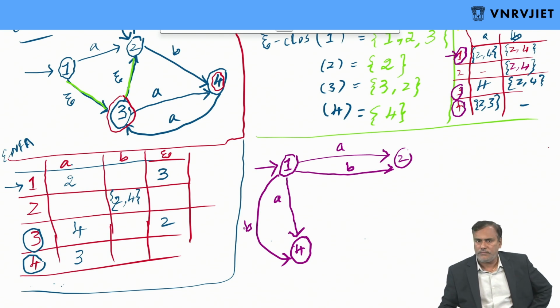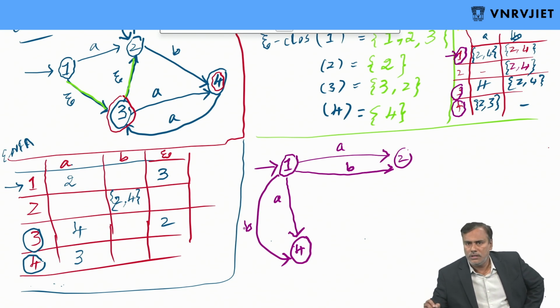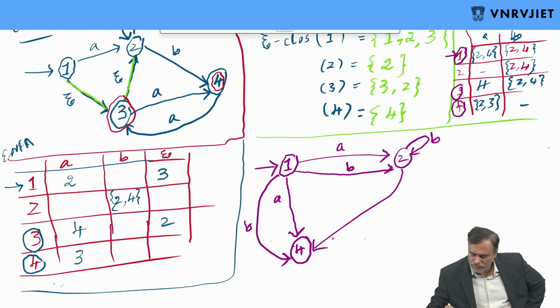From 2, you don't have a transition on A. On B, you can go to state 2 and 4. That is, from 2 on B, you can go to 2 itself, as well as you can go to state 4. And then 3 on input A, you can go to state 4.